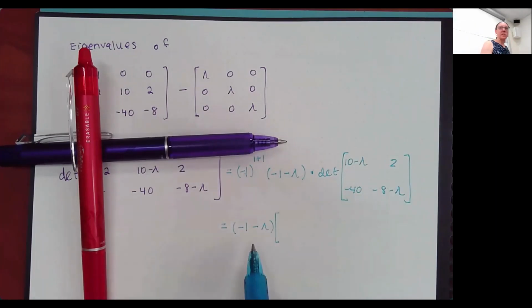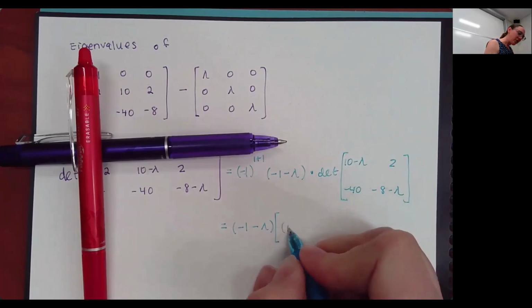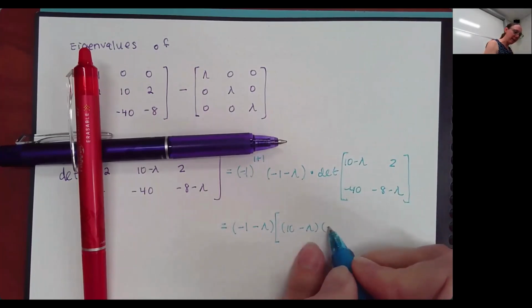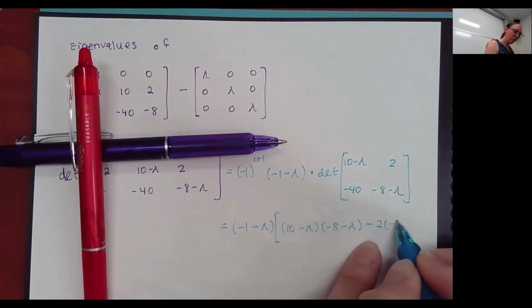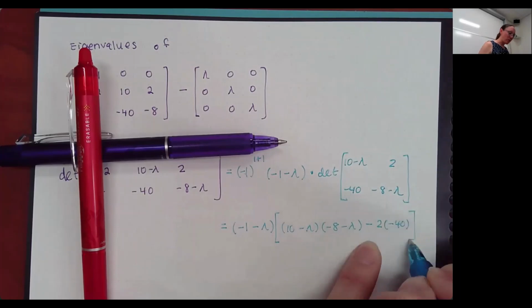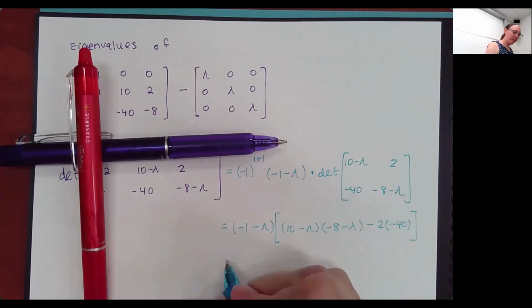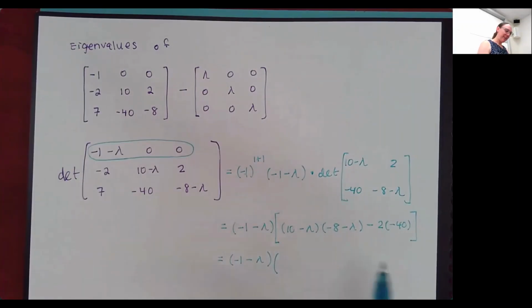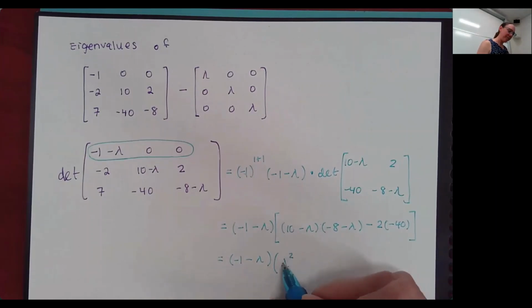I know lambda equals -1. And for this part, it's just a regular 2 by 2 now. So I've got 10 minus lambda times -8 minus lambda minus 2 times -40. It might be gross, but at least it's just a 2 by 2. Then if I multiply this out, I'll have a positive lambda squared.